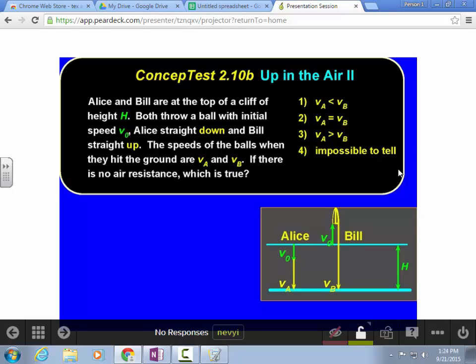One throws it up with speed v, one throws it down with speed v. Be careful. Wait, the magnitude. Remember, we are in accelerated motion. So you have to think in terms of accelerated motion. Correct.